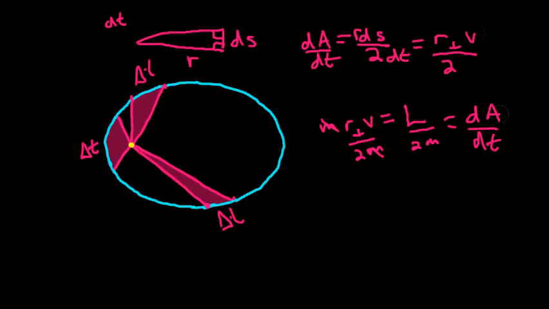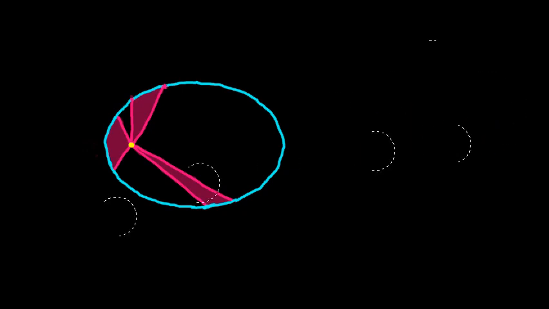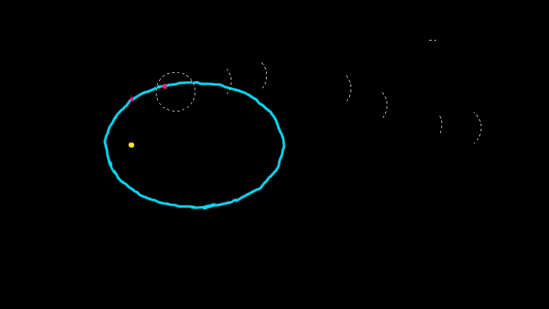That gives you the angular momentum. Now, dividing by 2 times the mass, oops, I need to cross out the 2, you get the same equation that we got for dA dt.